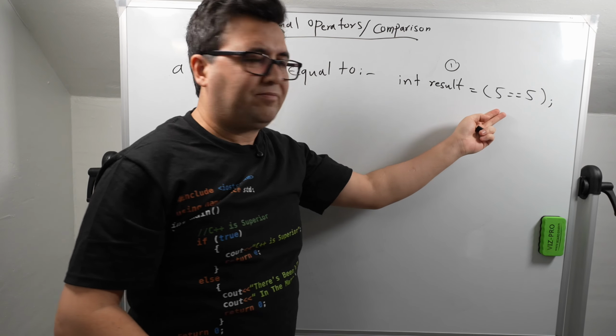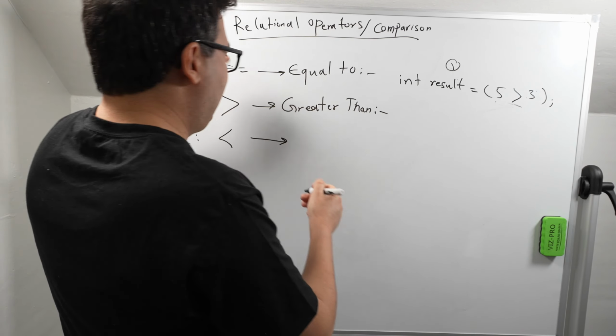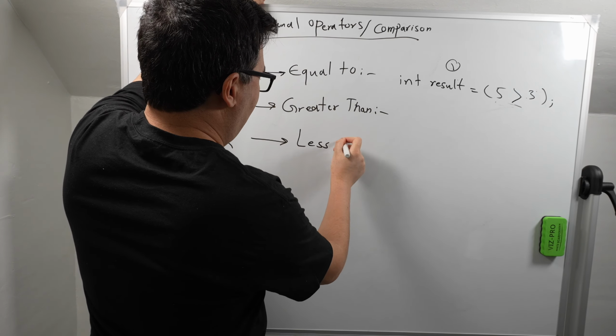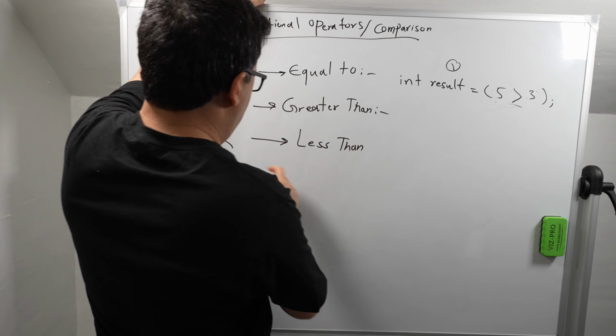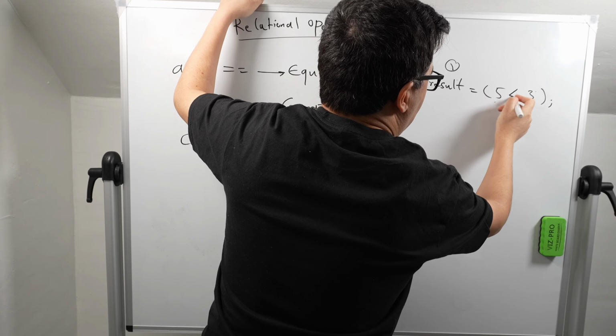Another operator we have is less than. It checks if the first value is less than the second value, and the result will be true, otherwise the result will be false. This is called the less than operator.